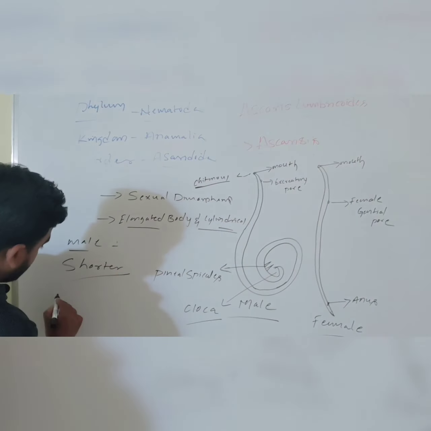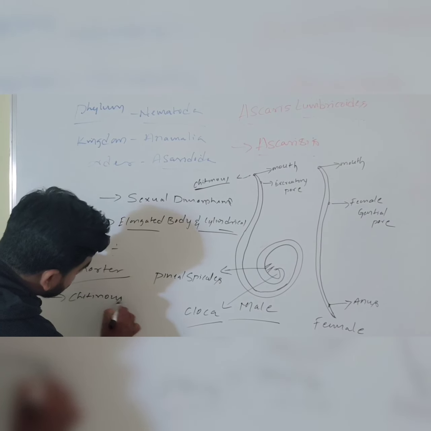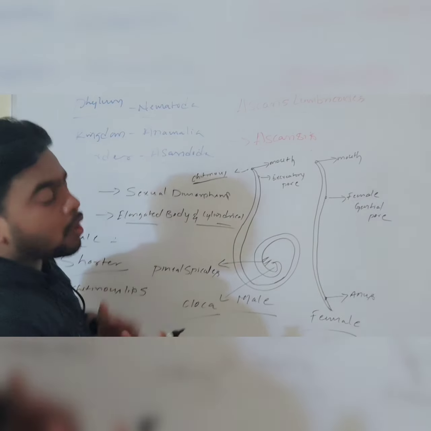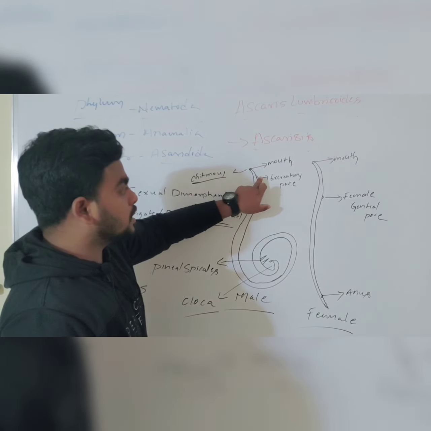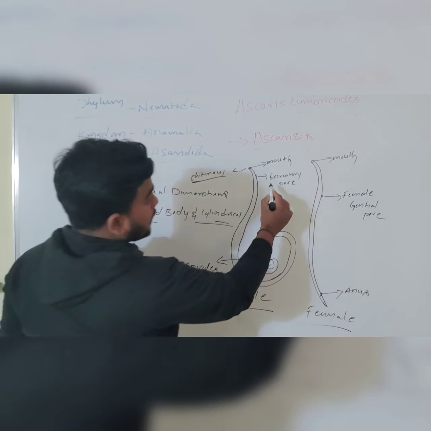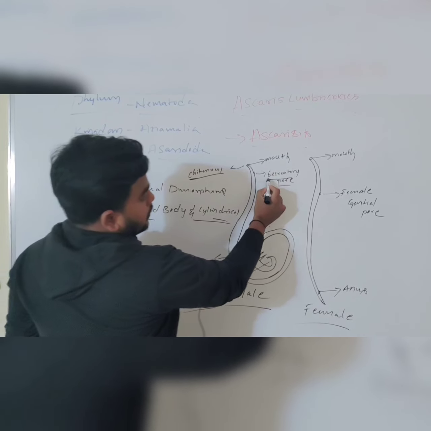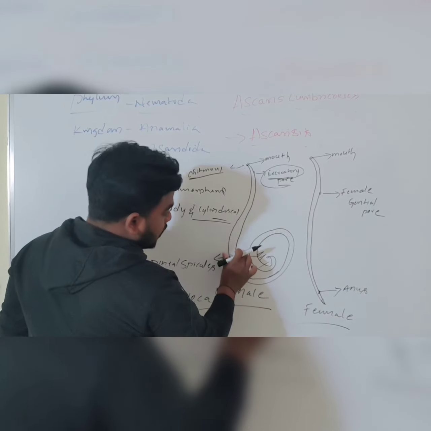Here you can observe the mouth consists of chitinous lips, meaning stronger, harder lips, and close to the mouth there is a pore called the excretory pore. It has an elongated, cylindrical body.